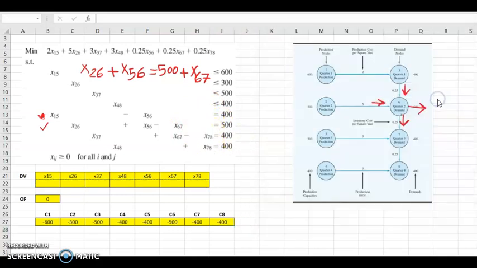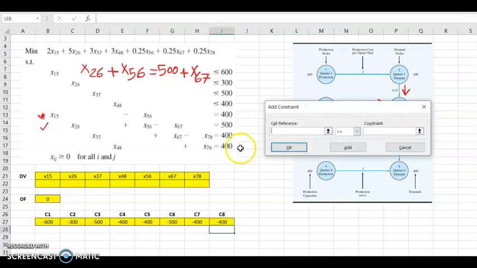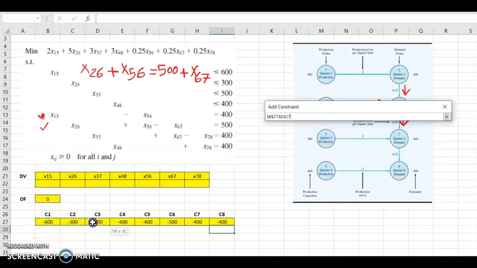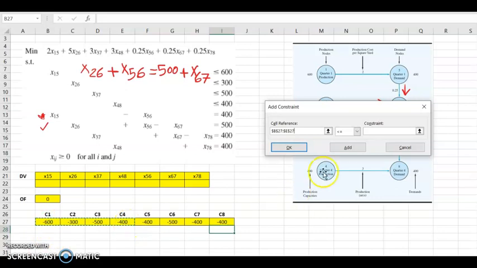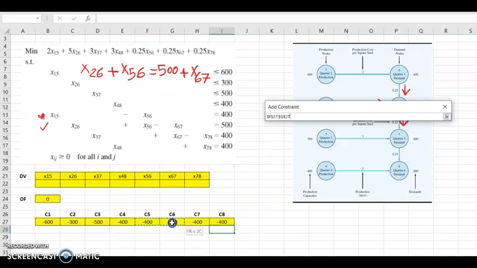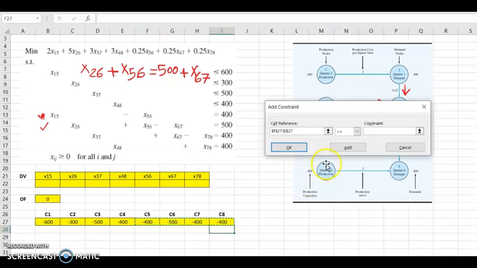So we need to do it this way. I set these first four constraints as equal or smaller than 0, and the remaining four are equal to 0.